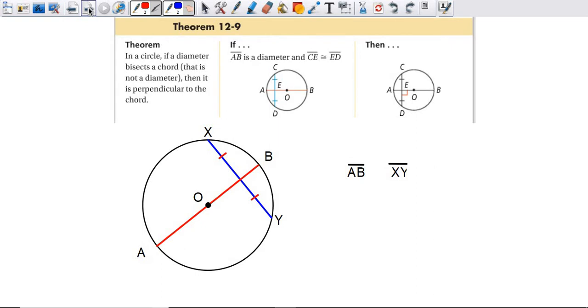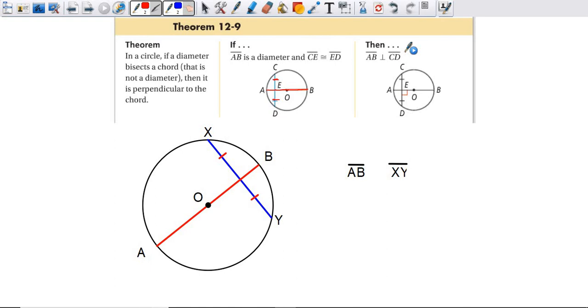So now this right here is actually just the converse of that other theorem. If a diameter bisects a chord, then it is perpendicular. So now I have that AB was a diameter, and I know that it bisected this chord, then I can say that AB is perpendicular to CD.